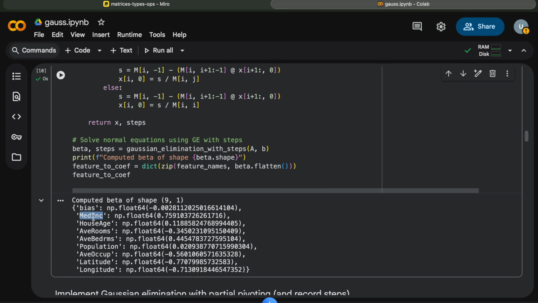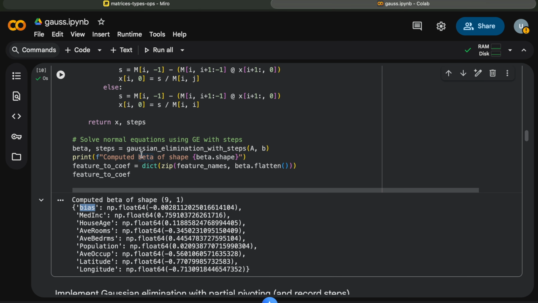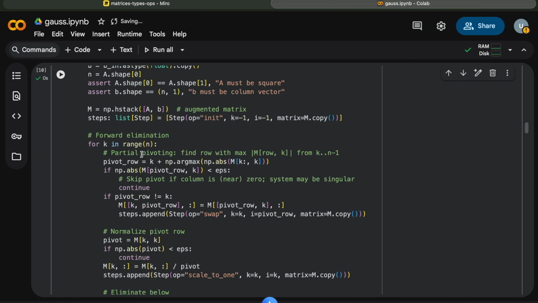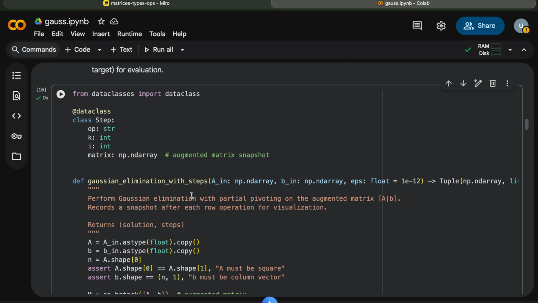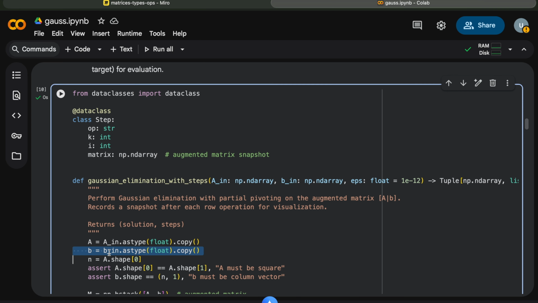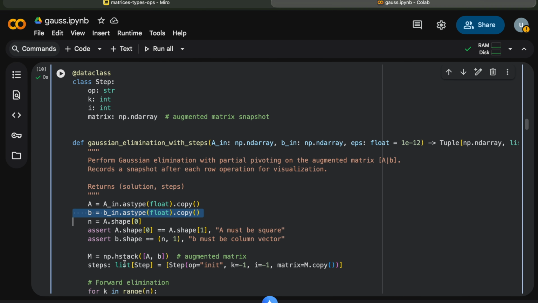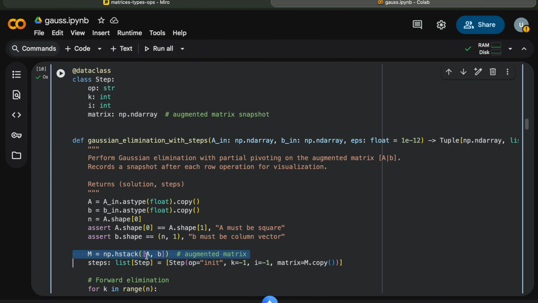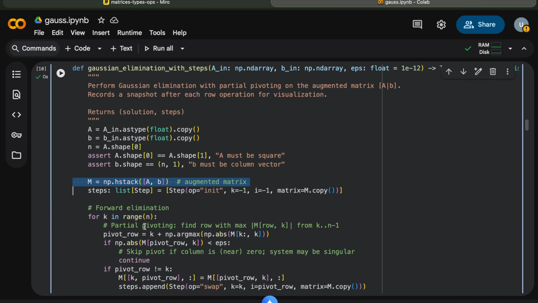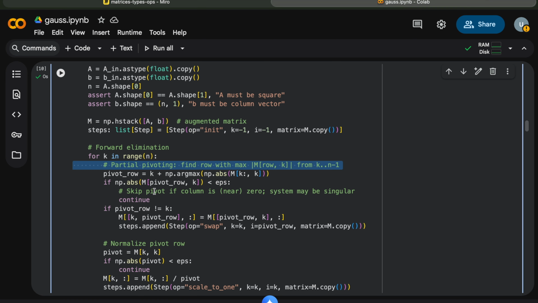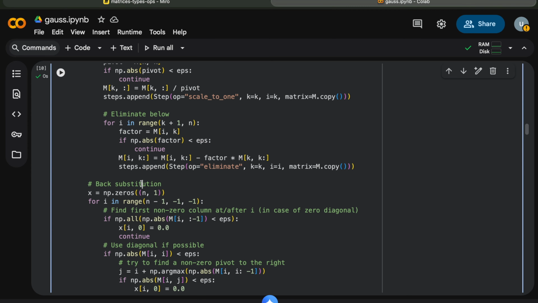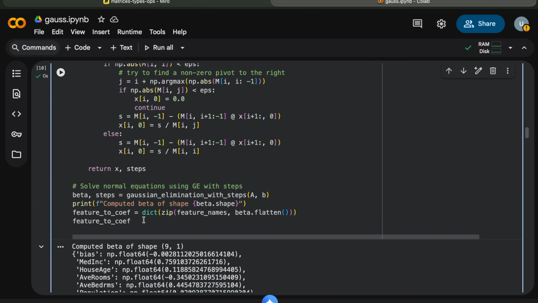Bias is the AX = B format that we remember. You can see we have set the bias here, and the augmented matrix being formed. Then we go with the forward elimination, do the partial pivoting, and finally solve it with back substitution.